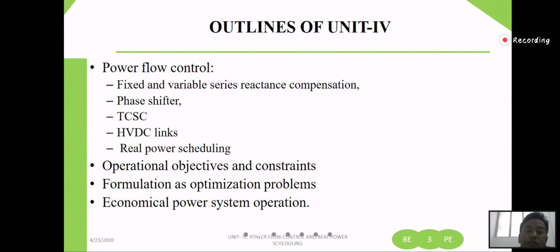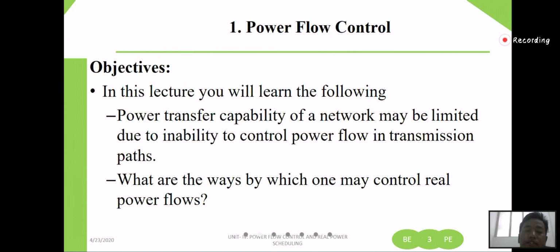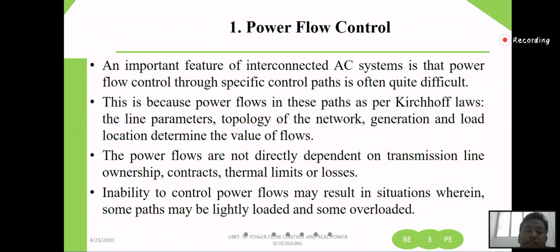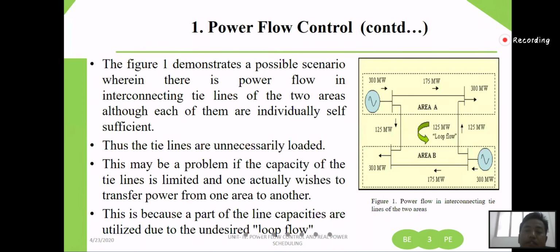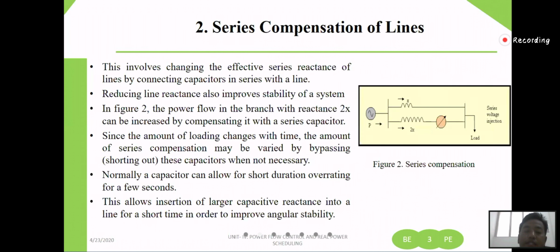So this is all we have learned in the last lecture. First we learned about the basics of power flow, what is meant by power flow, and why we need power flow control. Then we saw one method to control the power flow, which is series compensation of the lines.